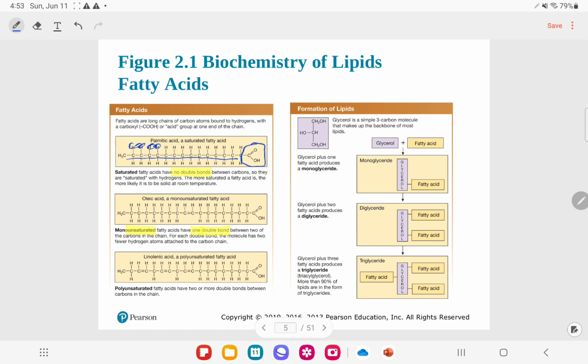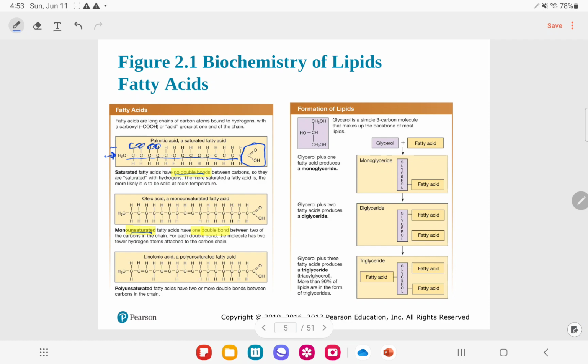So we have saturated fatty acids and unsaturated fatty acids. So saturated fatty acids do not have a double bond, okay? Notice how there are no double bonds in this chain. But unsaturated fatty acids have double bonds, right?